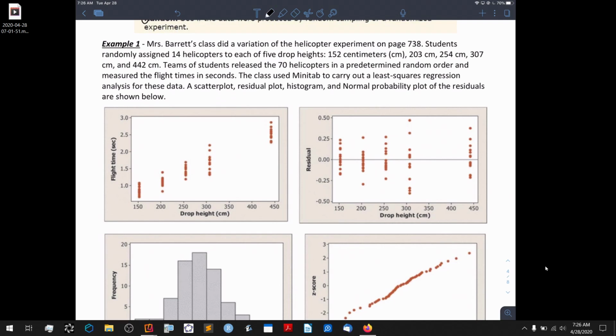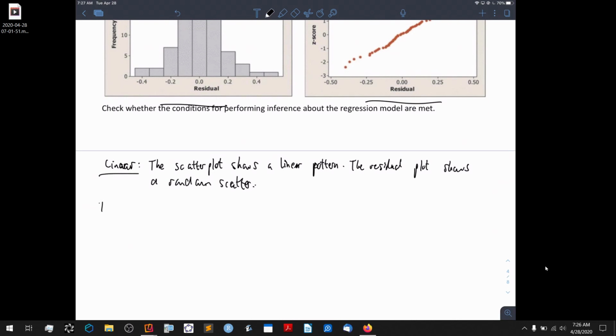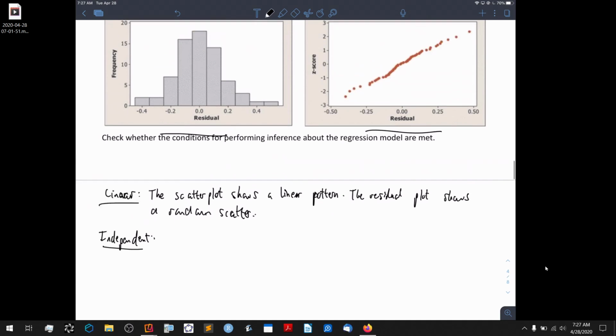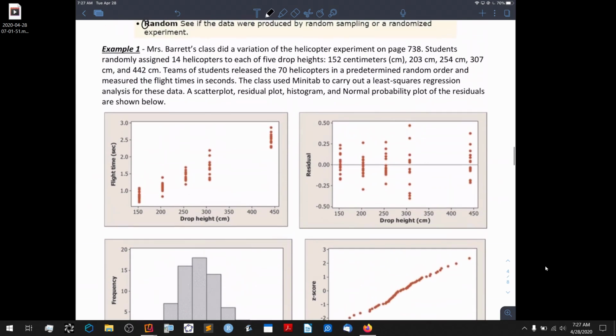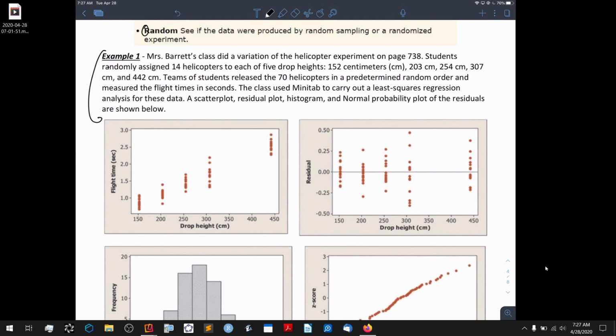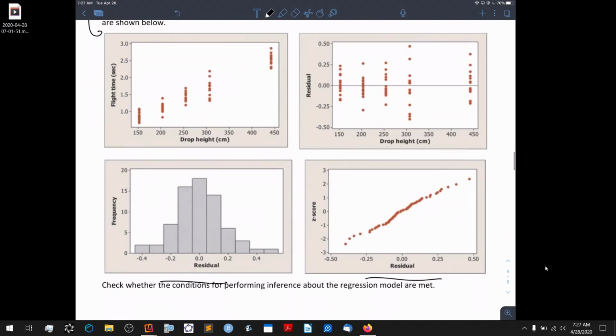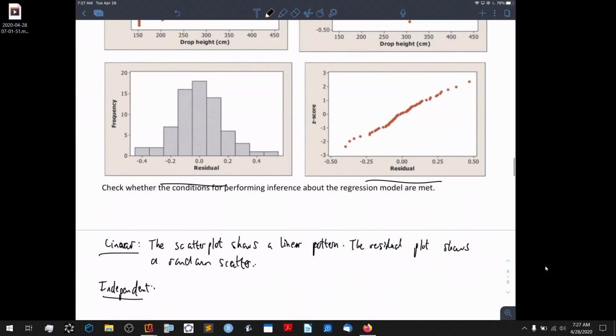All right, and then independent, and we say, looking at this, all right, helicopters were randomly assigned to drop heights, and it's reasonable to assume that one helicopter's drop height doesn't affect another, okay? And no helicopter was used twice or anything like that.